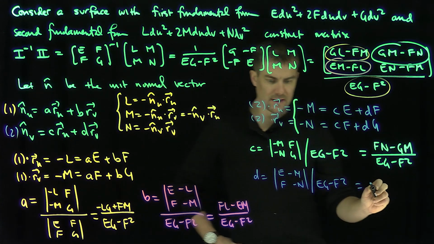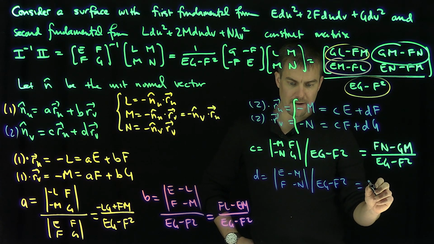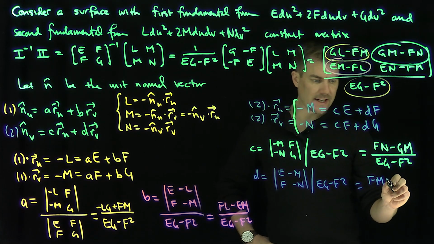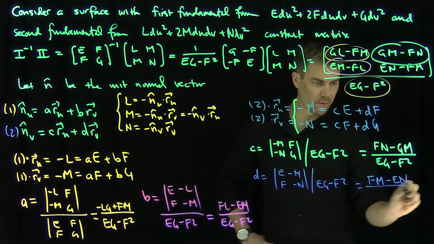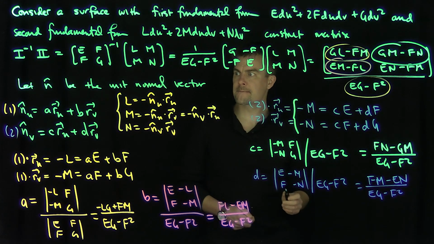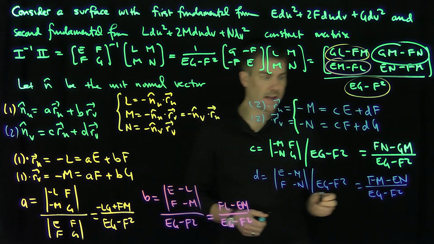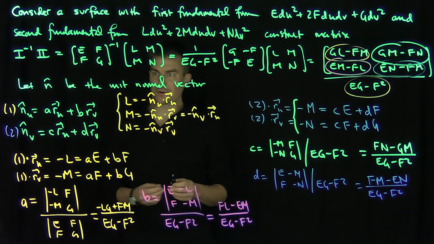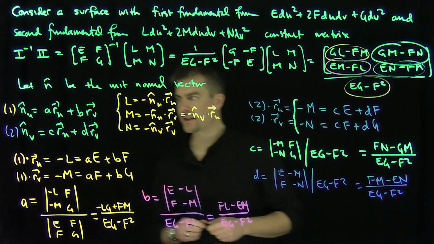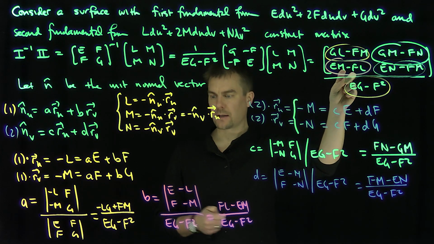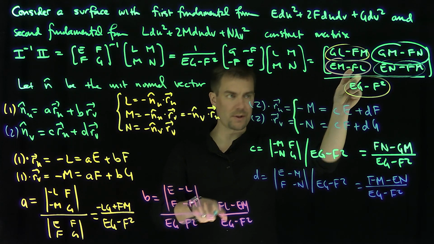That's going to give me FM positive, and then a minus EN, negative over EG minus F squared. And that's of course the opposite of this thing over here. So in other words, this matrix over here, that's really my A, that's my B, so my B is really this thing over here with the negative sign.